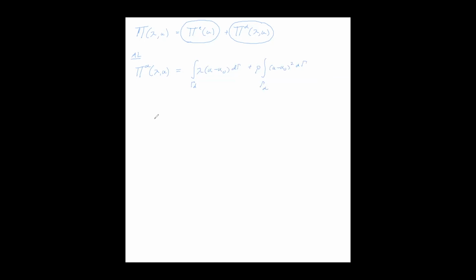Okay, so now let's look at some other methods. Let's say I delete this term and I enforce the constraint just with this second term. Does anybody know what we call those methods?